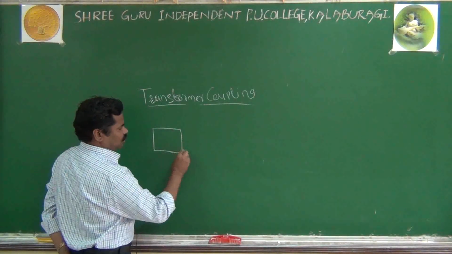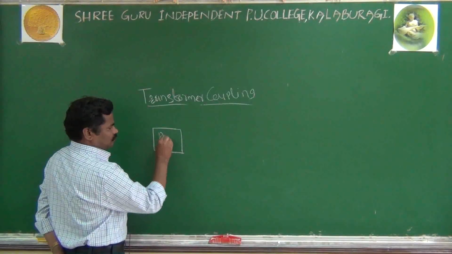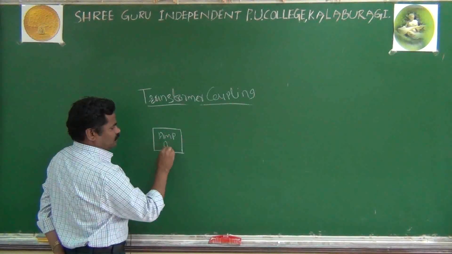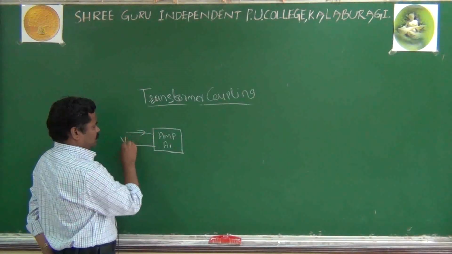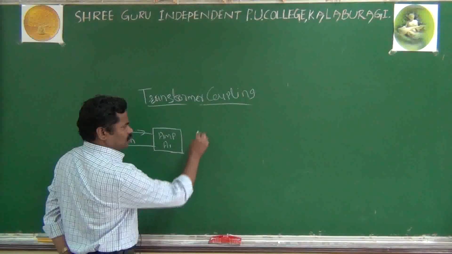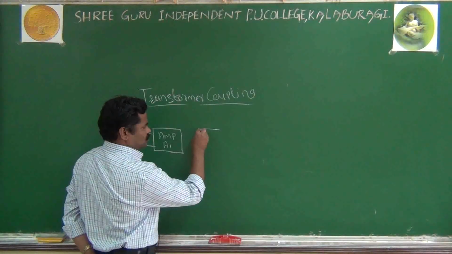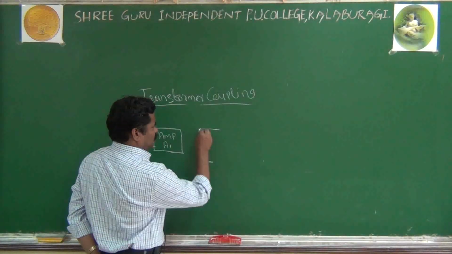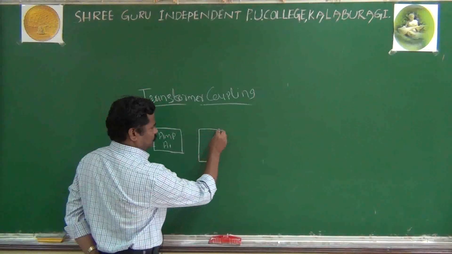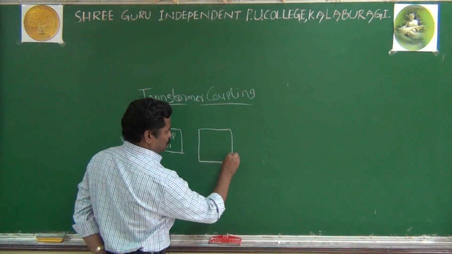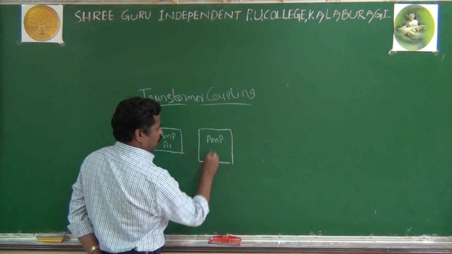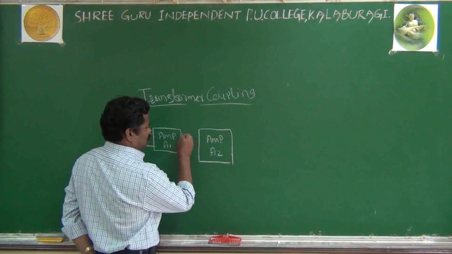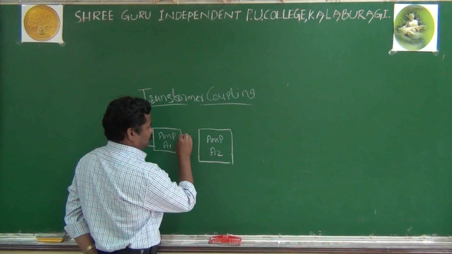The important thing here is the same amplifier A1, or you can say a single stage. This is your input, and this is your another stage, the second stage amplifier A2. And what I said here, you are using a transformer here.